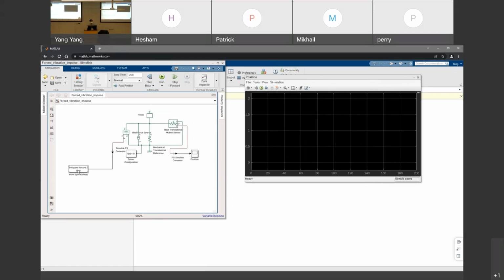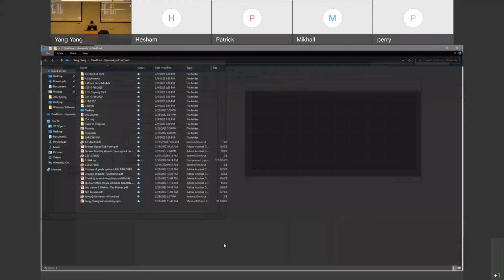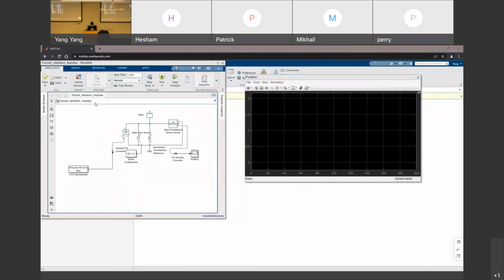The input is from an Excel file. I have already created several here. Okay, here it is on the screen.